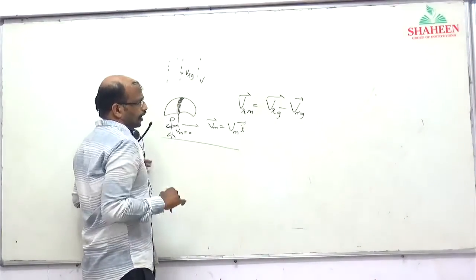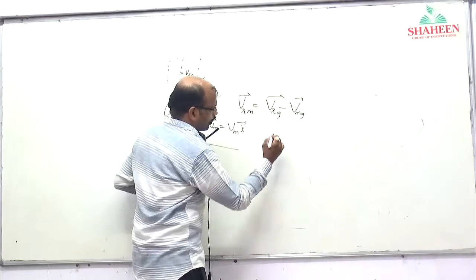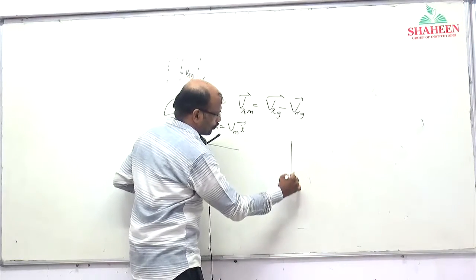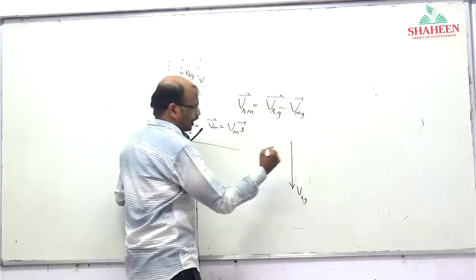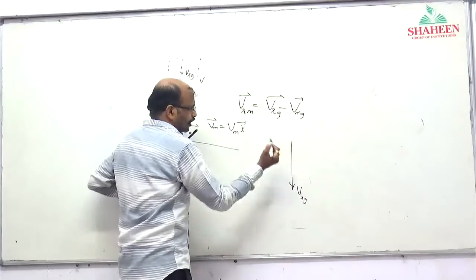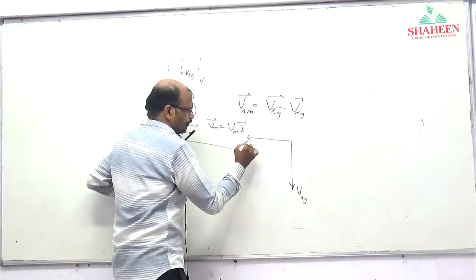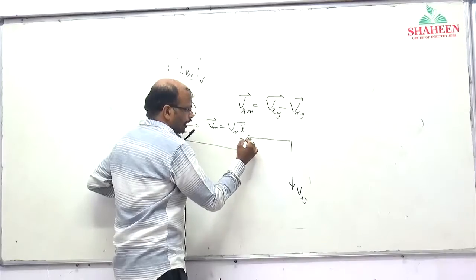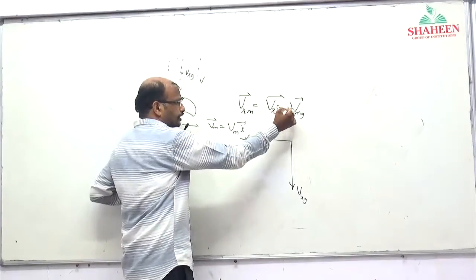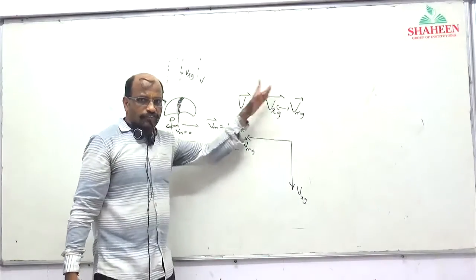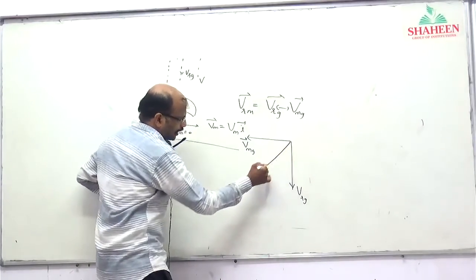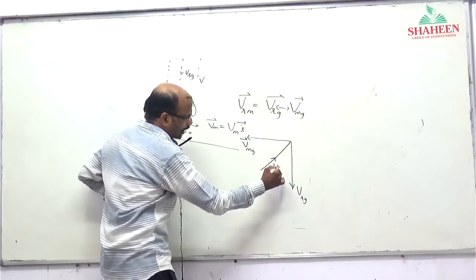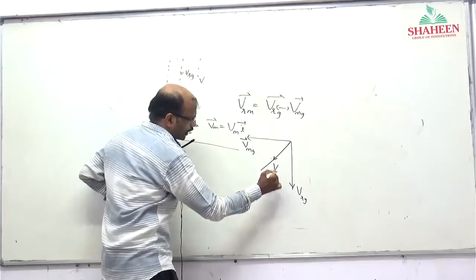If I am completing the diagram here, velocity of rain with respect to ground is downward direction. Minus velocity of man with respect to ground is in this direction, because minus sign is coming. Minus Vmg is in this direction. This is VRM you will get.